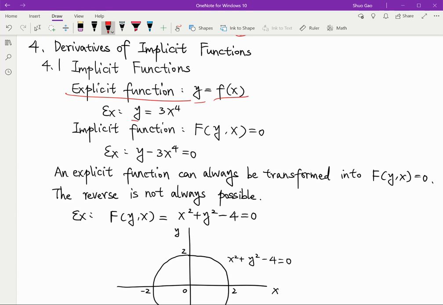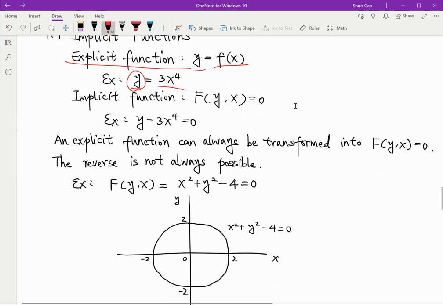For example, y equals 3 times x to the 4th. On the left-hand side is y and only y, the dependent variable, and the right-hand side is a function related to x, the independent variable. So the dependent and independent variables are on different sides of the equation.